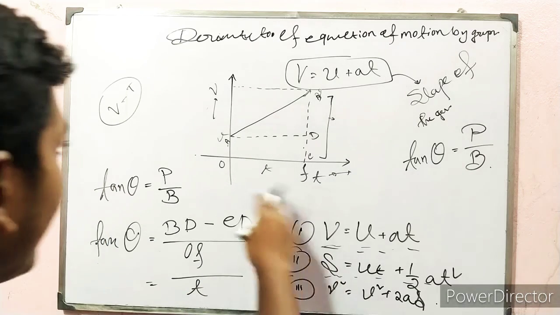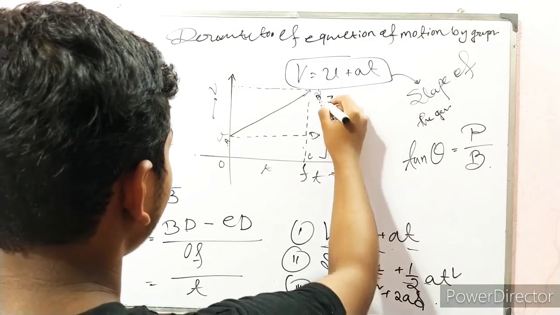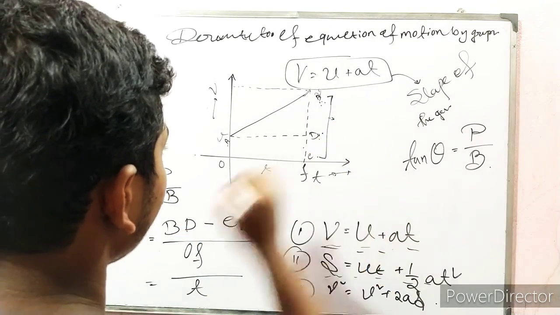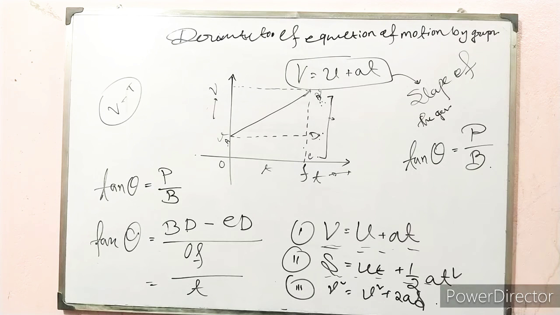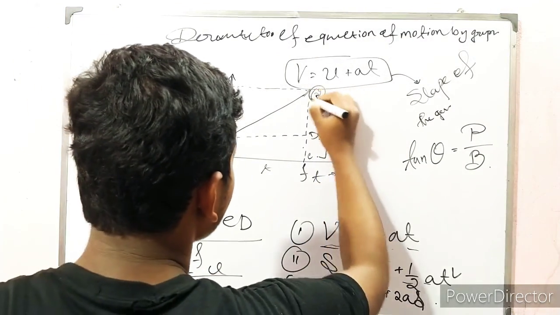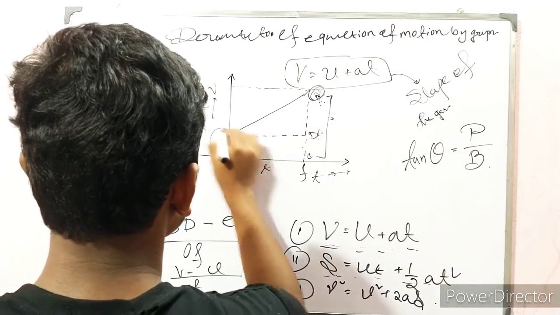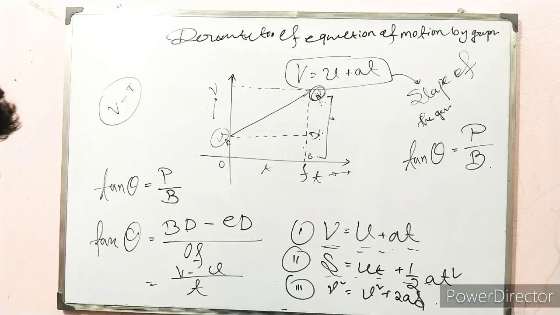Okay, and what is BD? Means this BD minus this CD. So BD minus CD means v minus u, because BD represents the final velocity and CD the initial velocity, so v minus u.